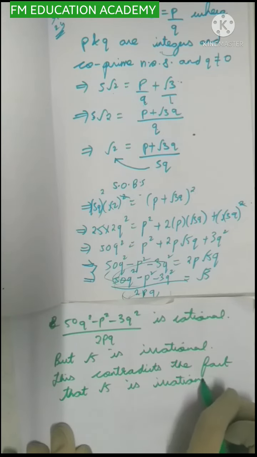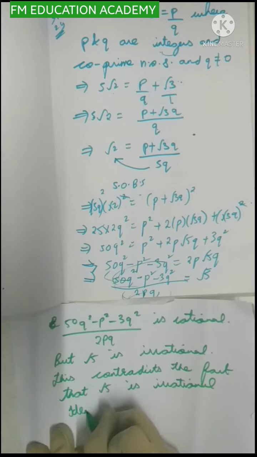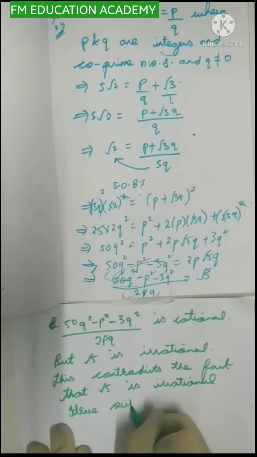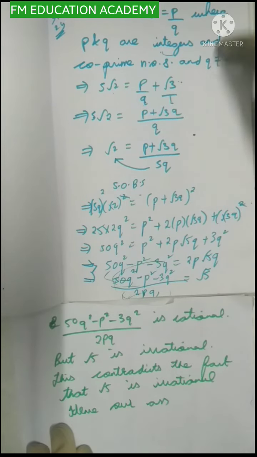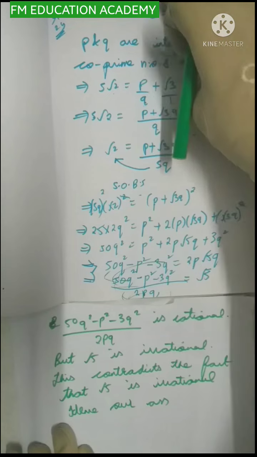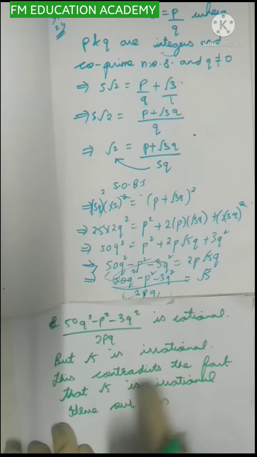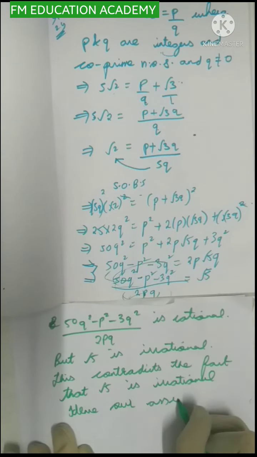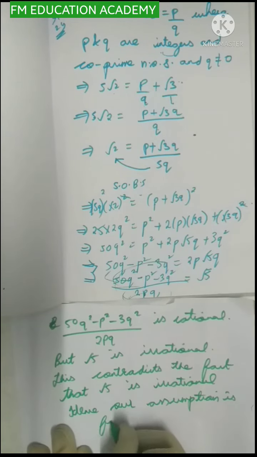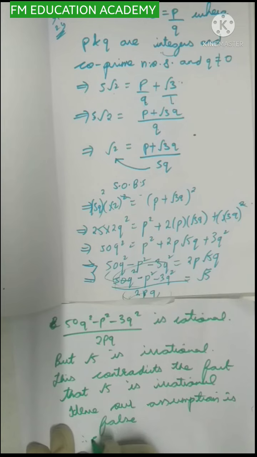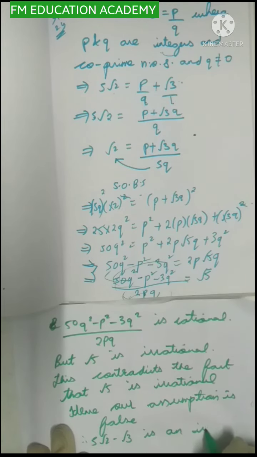Hence our assumption is wrong. All these steps are the same for all sums. Except for these steps, the introduction part and the concluding part are the same for all sums whenever you have to prove it is an irrational number. Remember this. So this contradicts the fact that root 3 is irrational, hence our assumption is false. Therefore, 5 root 2 minus root 3 is an irrational number.